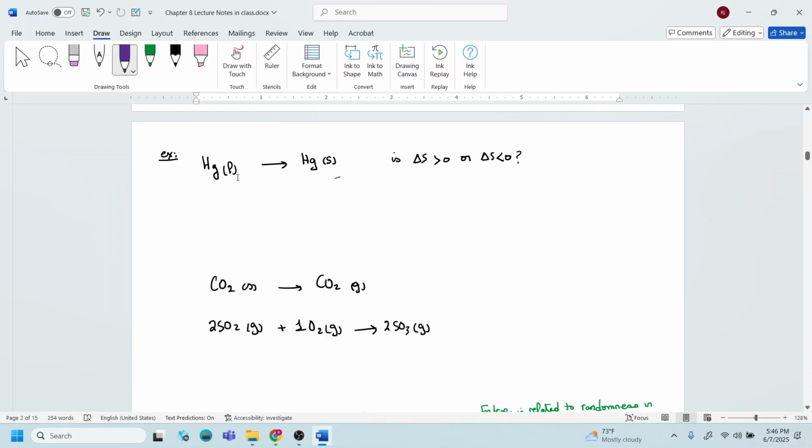Then I'm going from the liquid to the solid. The solid has no motion at all. So for the solid here, we have no motion, versus the liquid, where the molecules have a little bit of motion.